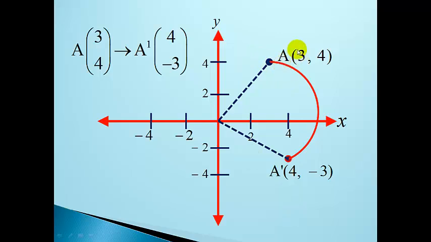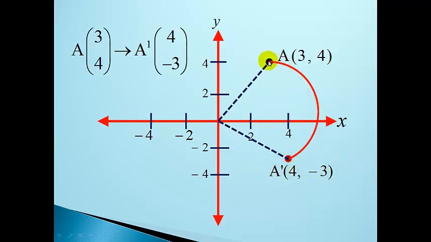Now we have A, that is (3, 4), to be the point, and after rotating through clockwise 90, we have A prime to be (4, minus 3). Now 4 is the x coordinate and minus 3 is the y coordinate. So A prime is (4, minus 3).